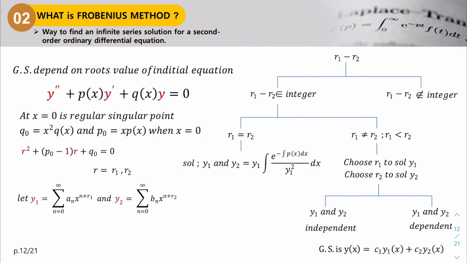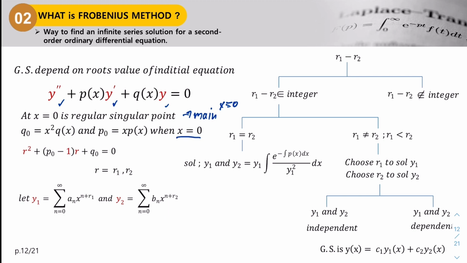Okay, we conclude the steps to explain the Frobenius method and the way to find an infinite series solution for a second-order ordinary differential equation. The general form is y double prime plus p(x) y prime plus q(x) y equals 0. At x equals 0 it is a regular singular point. Then q0 equals x squared q(x) and p0 equals x p(x) when x equals 0.